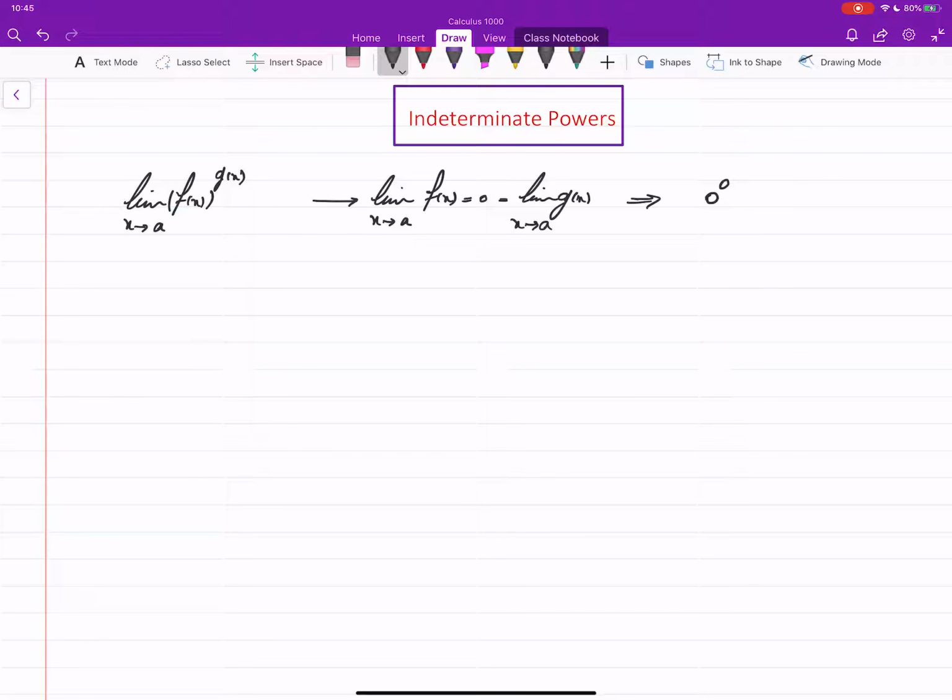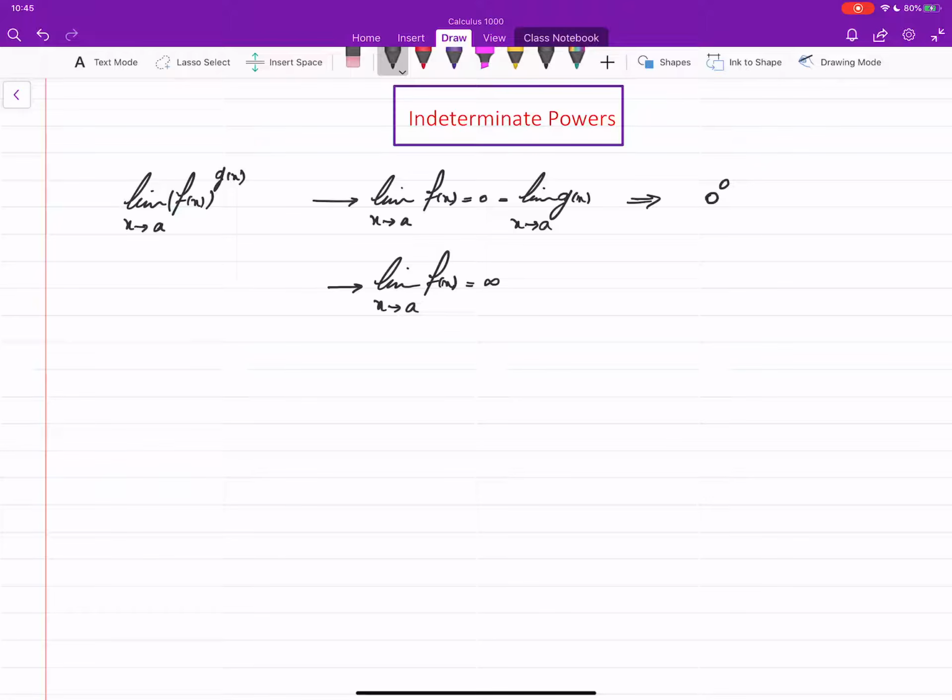You may say, I know that every number to the power 0 is 1. No, every non-zero number to the power 0 is 1. And we know that 0 to the power any non-zero number is 0. That's why you cannot decide exactly which one happens, and that's one of the reasons that you see this as an indeterminate power.